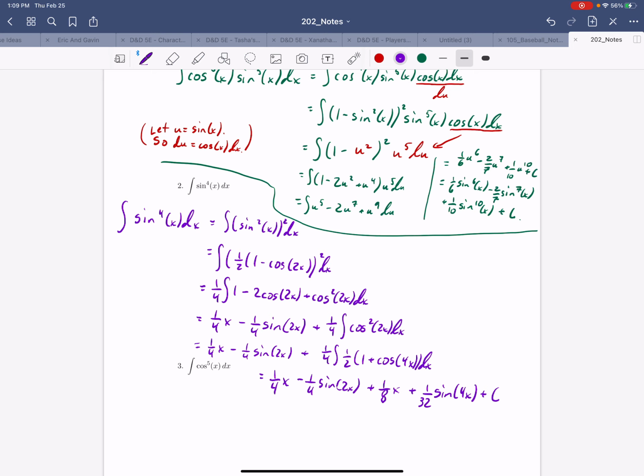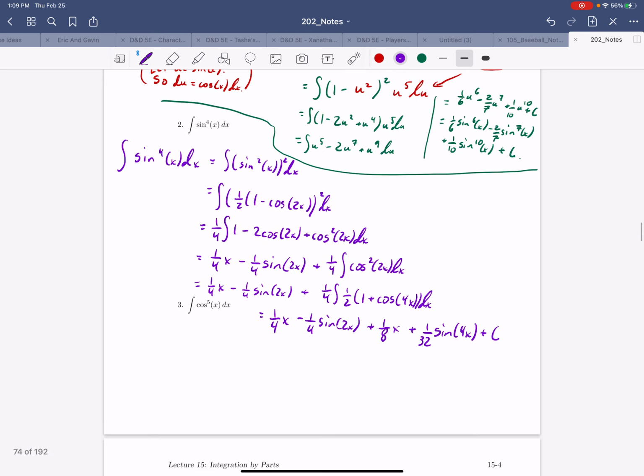And just to simplify a little bit further, because we can, note that we really should write this all as 3/8 x, right? I guess we could do that. So equals 3/8 x minus.